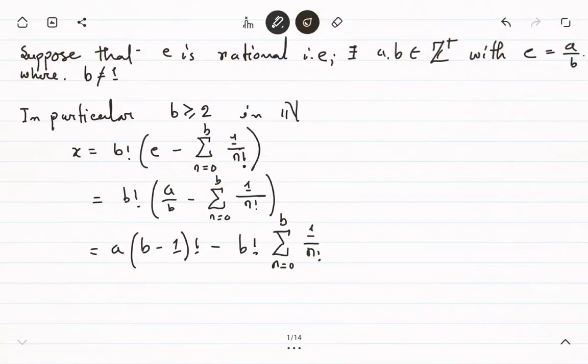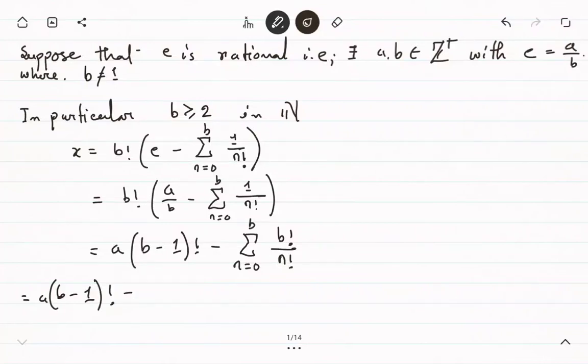Let's take the b factorial under the summation, so the sum over n from 0 to b of b factorial by n factorial. We expand this sum in the next step: a times b minus 1 factorial minus b factorial by 0 factorial plus b factorial by 1 factorial, and so on up to b factorial by b factorial.